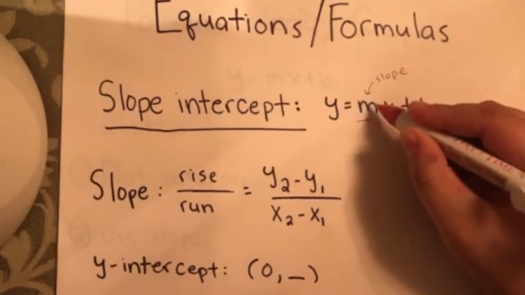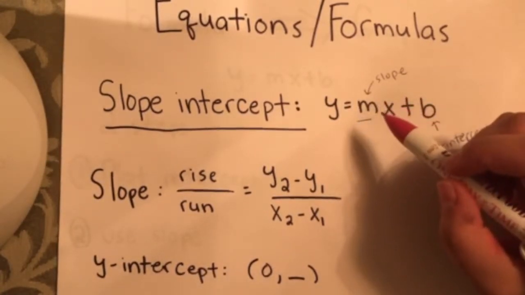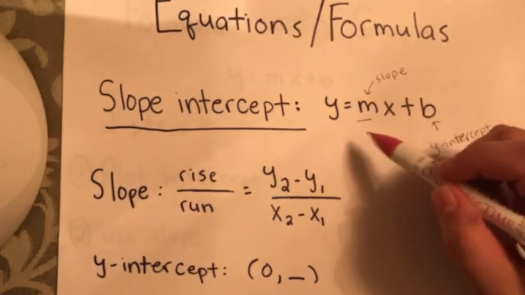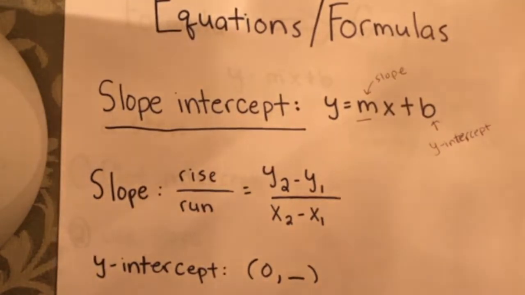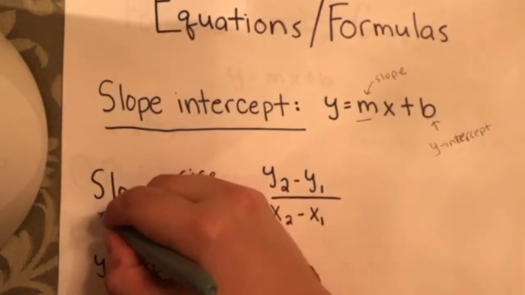Right, so the slope is how much the line goes up and down, left and right, and the y-intercept is where it crosses the y-axis.